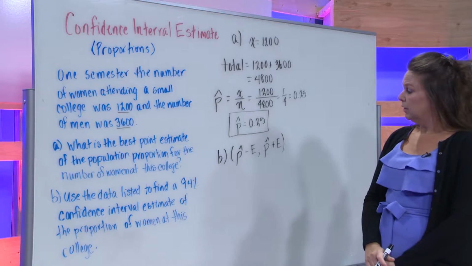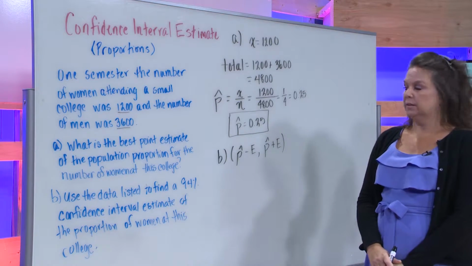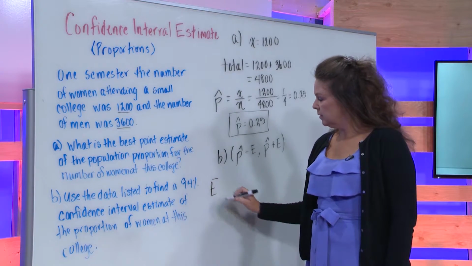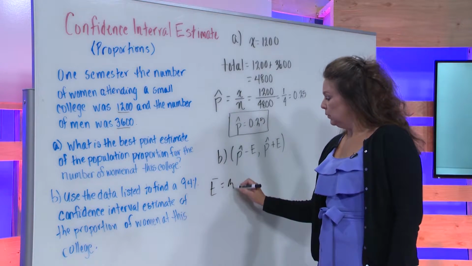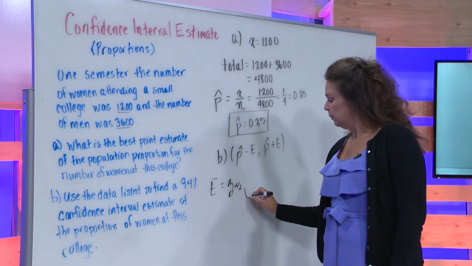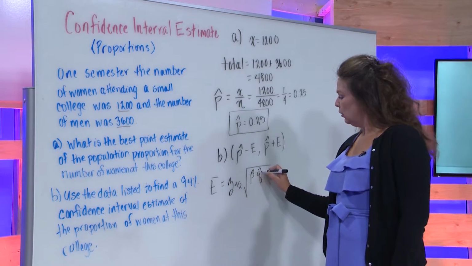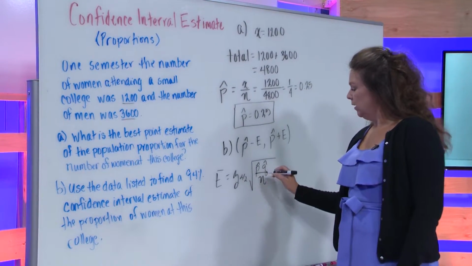This would be the confidence interval estimate. The formula for the margin of error is E equal to Z alpha over 2 times the square root of P hat Q hat over N.